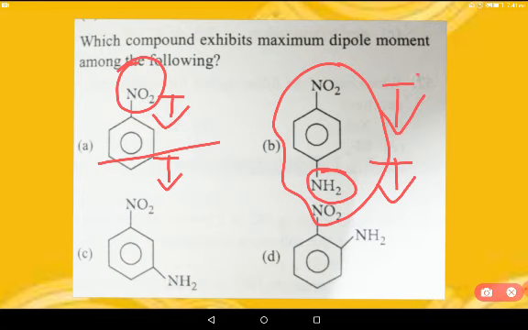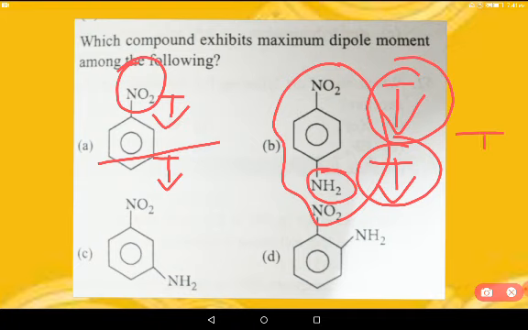So 2 net dipole moments will contribute to a larger dipole moment in this direction. Now we can see this will be lesser in this or this. So the most correct option will be B, having maximum dipole moment.